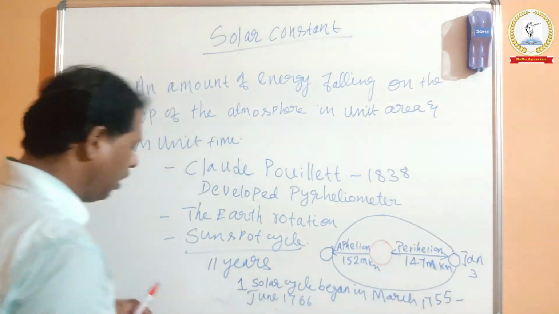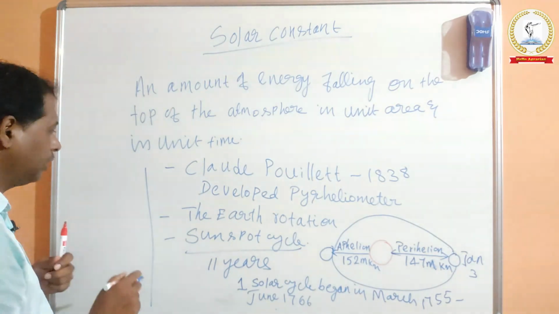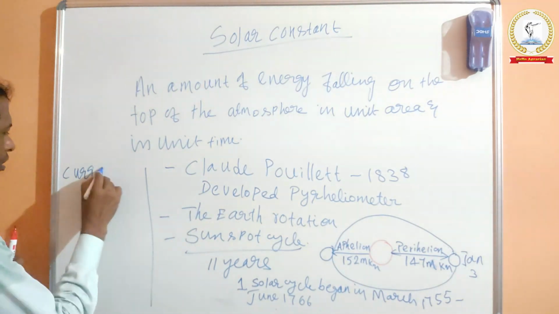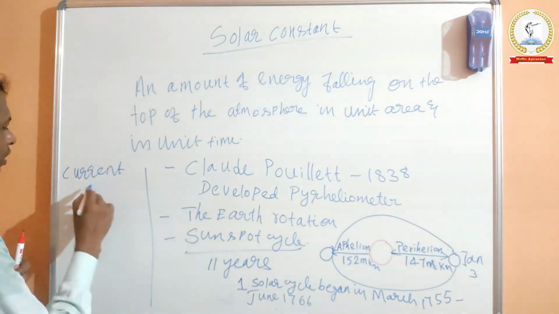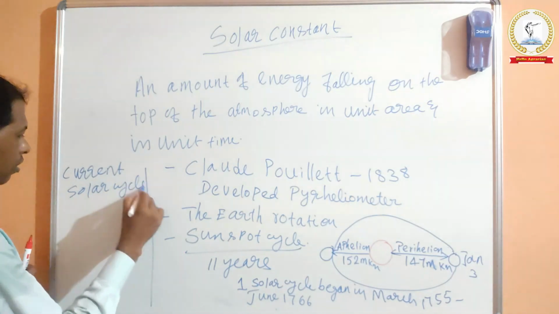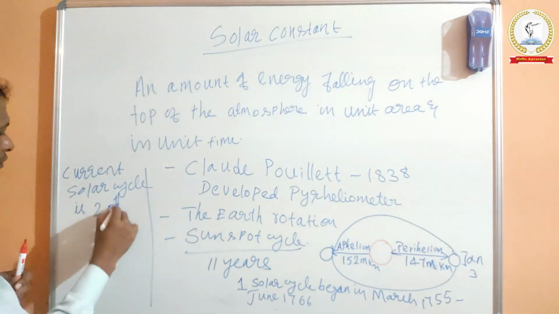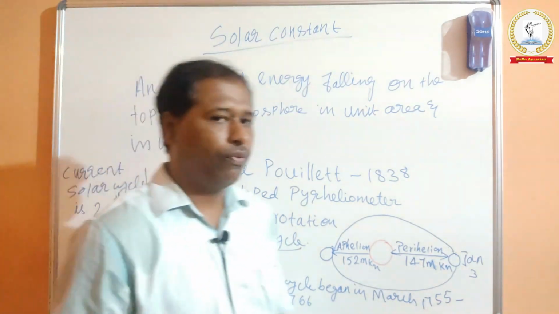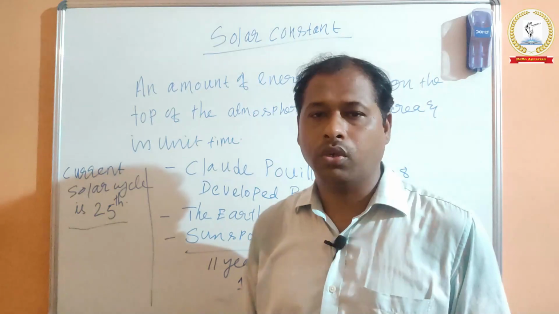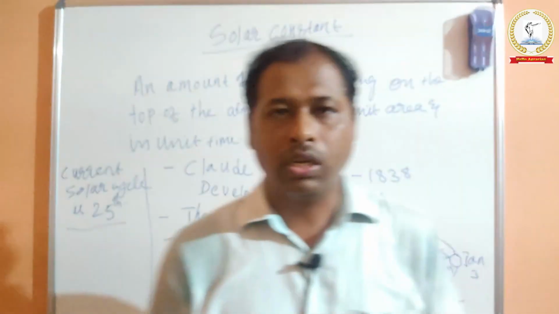Okay, and currently, at this time we are in the 25th solar cycle. Okay, the current solar cycle is the 25th solar cycle.